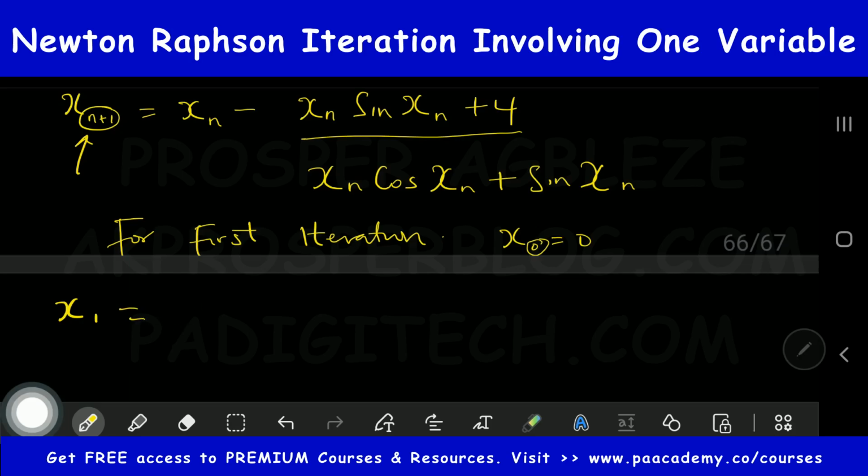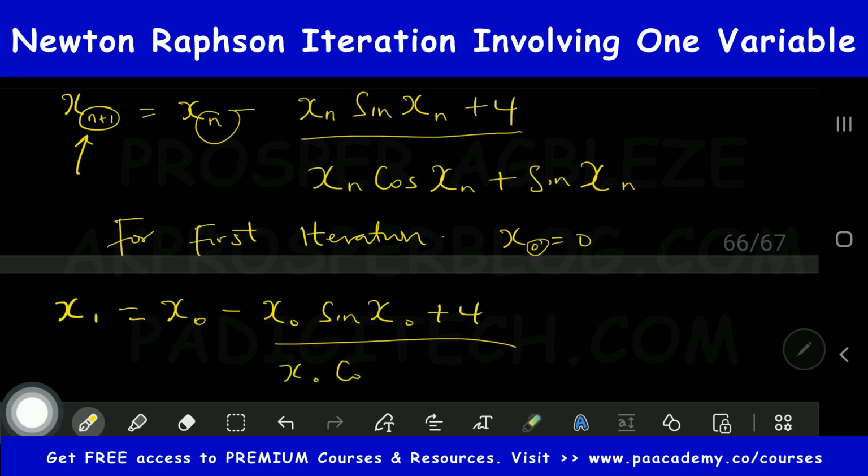So this n is already 0, so that will be x naught minus x naught sine x naught plus 4 over x naught cos x naught plus sine x naught. I'm just writing x subscript 0.